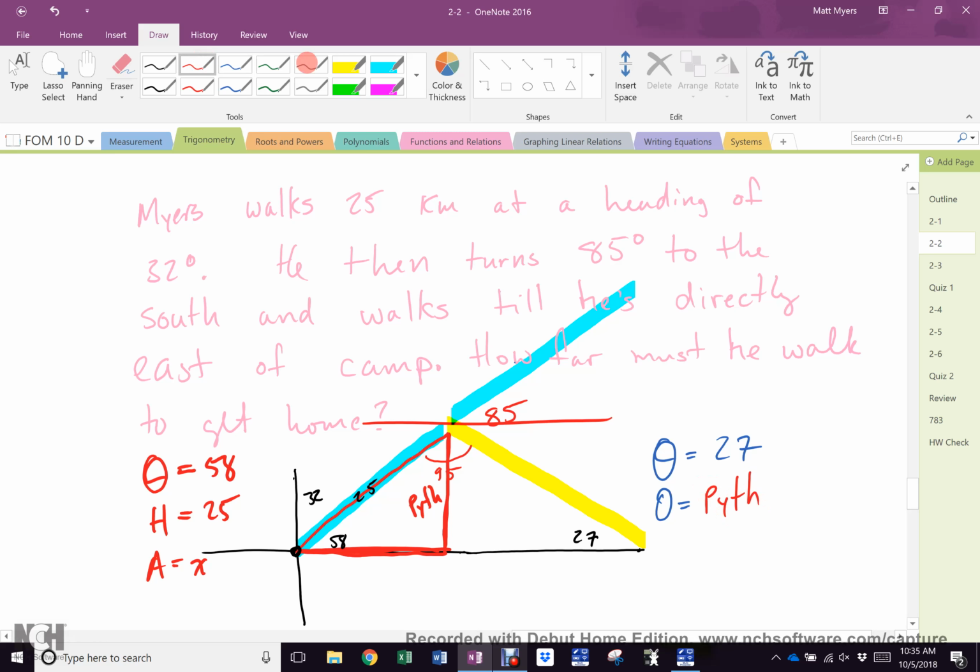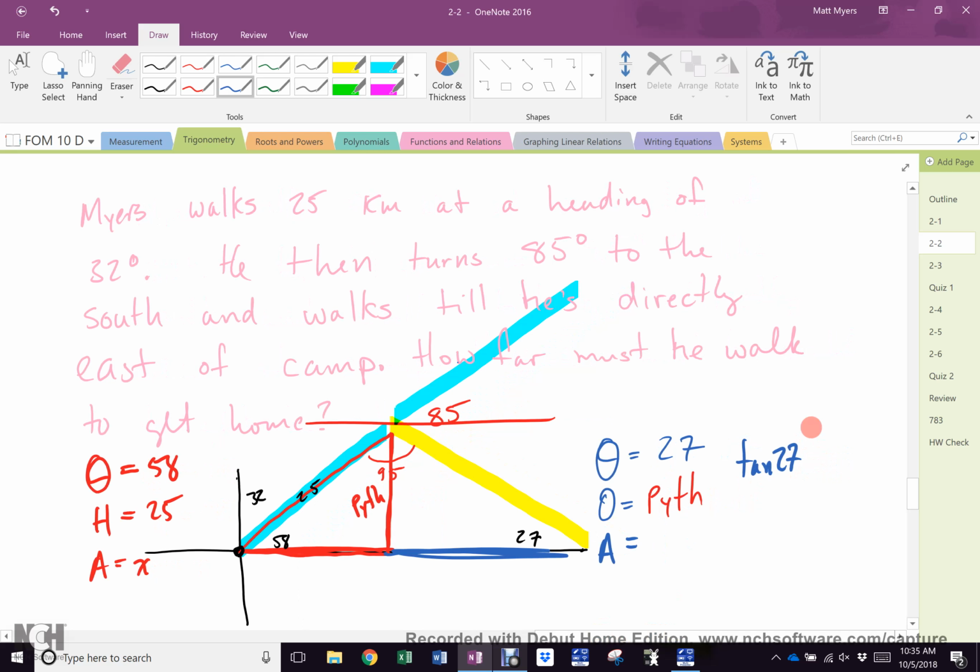And then what do I need in this triangle? I would need that, yeah? Which would be what? Adjacent, right? To my theta. What uses O and A? Which trig that you know? Tan, right? So on the blue side, it would be tan of 27 would be opposite, my red Pythagoras answer, divided by what?